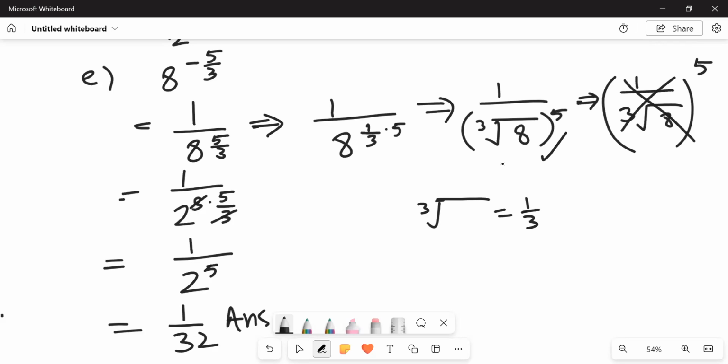Which step? Here? The one before the final answer. Yes, that was the one before. This one, or here in the final answer? That one. 1/8, 1/3. Here. This one.